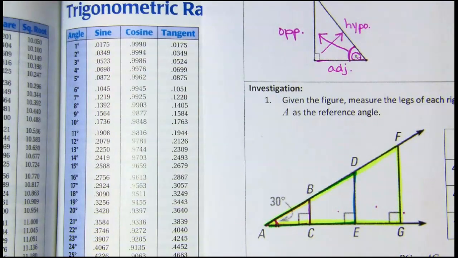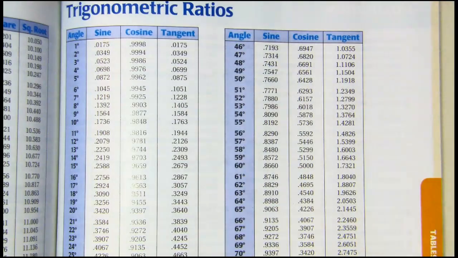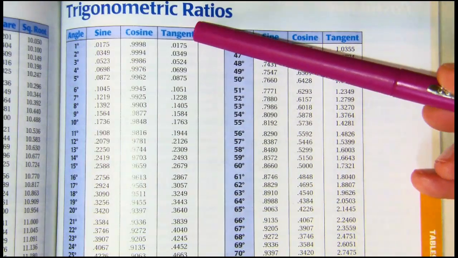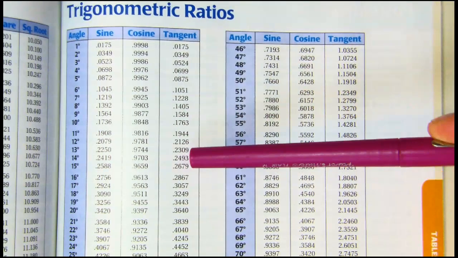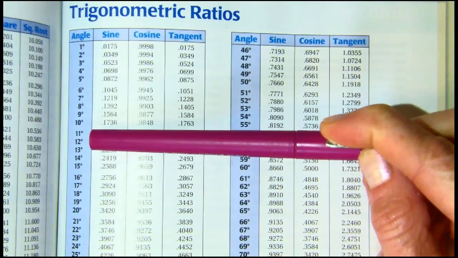So tangent 30, by my rough measurements, and I could have measured a little bit more accurately, was 0.53. I want you to really focus on the 0.5 because I really didn't measure that accurately. How you would read this chart is you would first find the tangent column. Notice here is tangent, and over here is the angle, and all of these angles are in degrees.